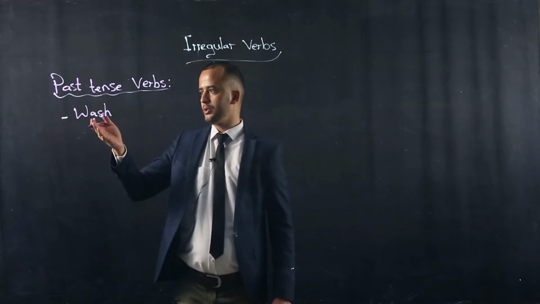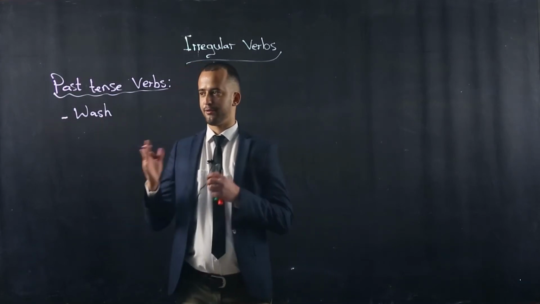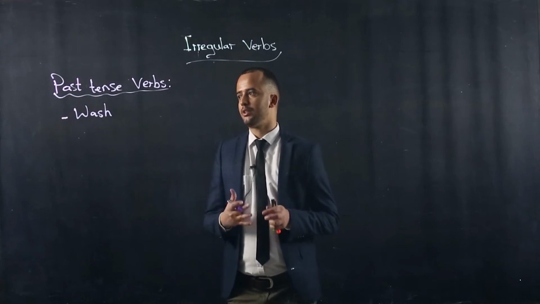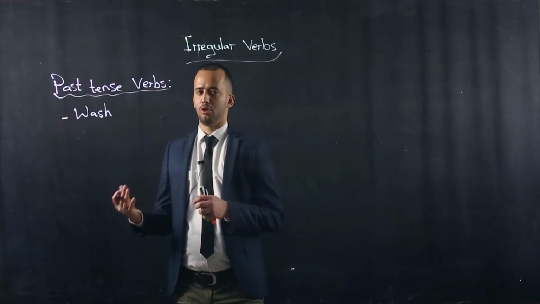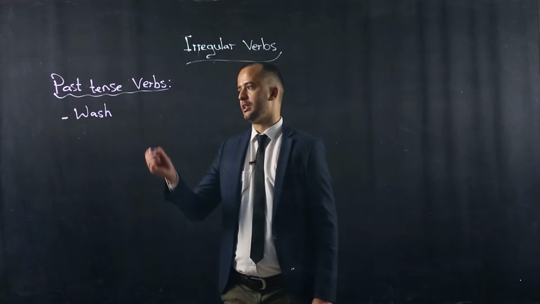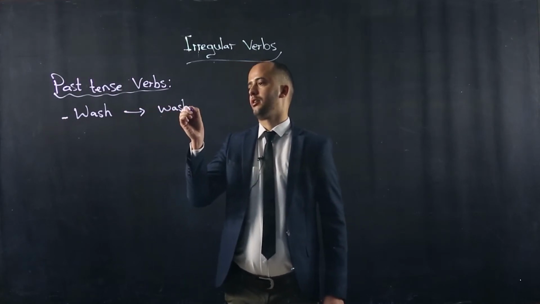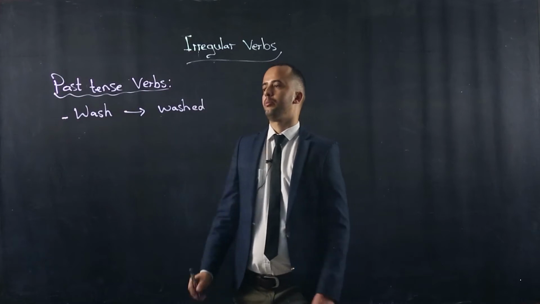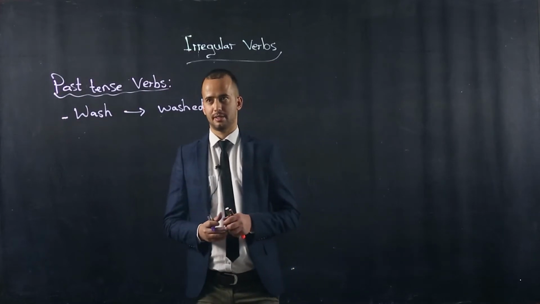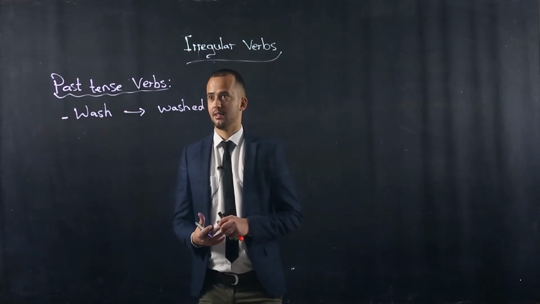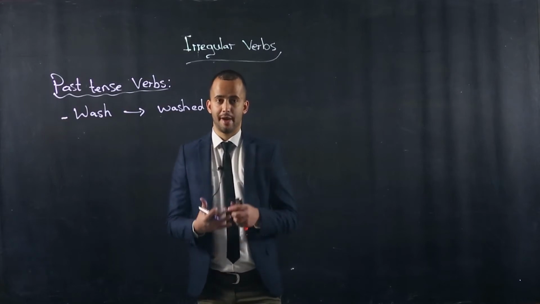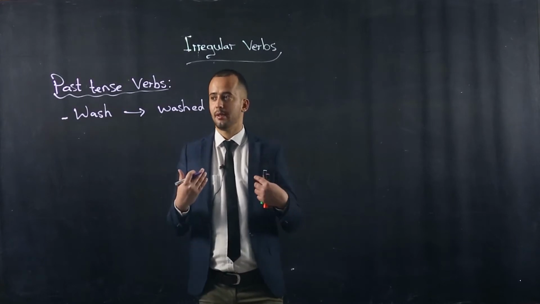Now, if I want to use the verb wash in the past form, then I will just add ed to wash, and it's going to be washed, with ed. So washed here will be a verb that happened in the past. You know that past tense verbs are actions or things that happened in the past.